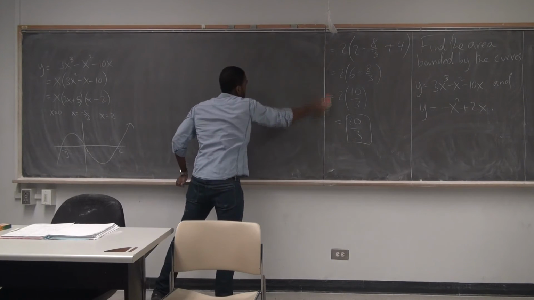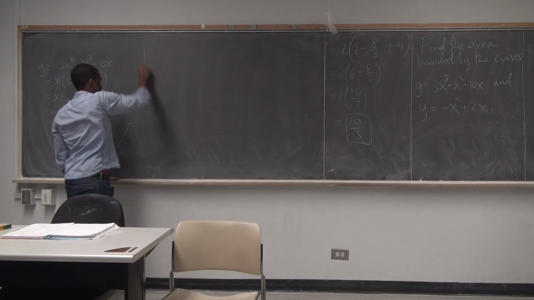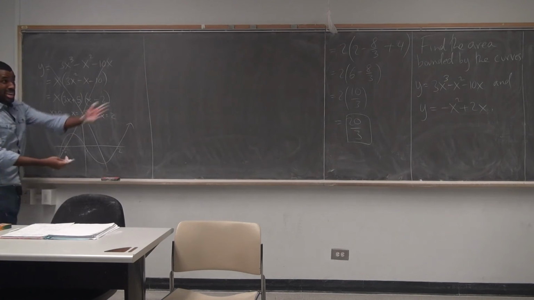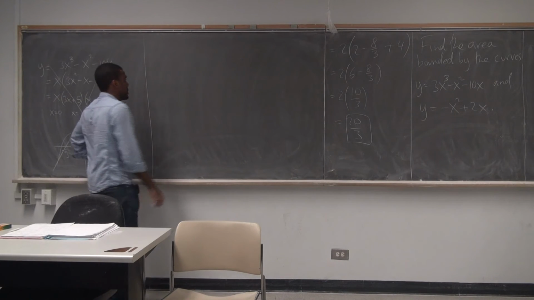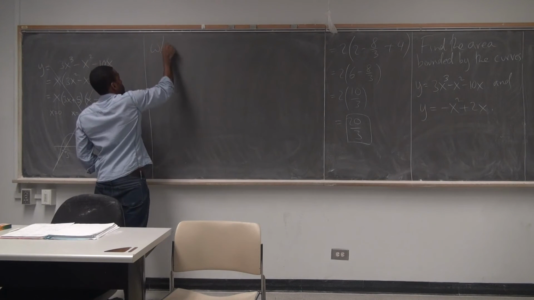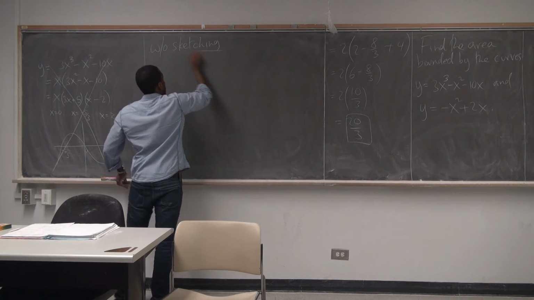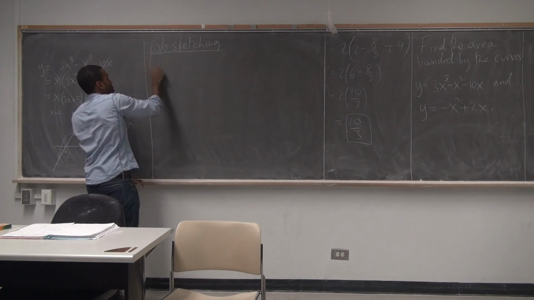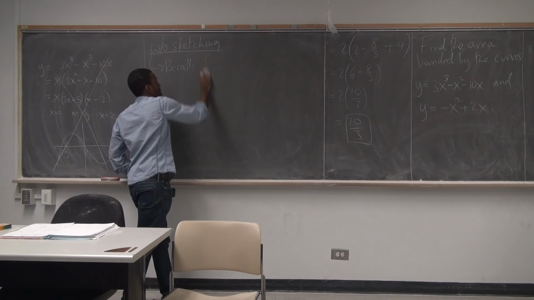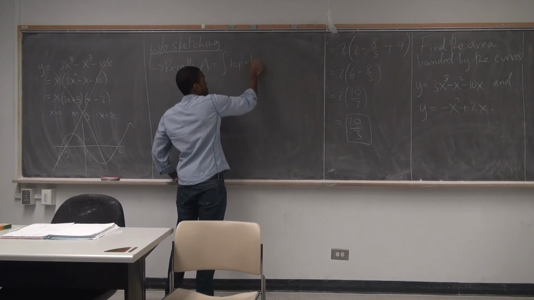So if you're not going to sketch, how do you do what you need to do? You could sketch if you wanted to, but it's not really necessary, and I never really asked for it, so you wouldn't have to give it to me. So without sketching, recall, you want to find the area, which you know is the integral of top minus bottom.